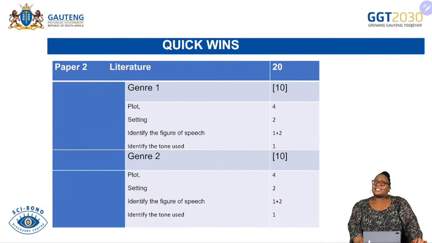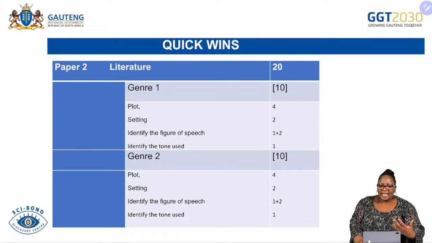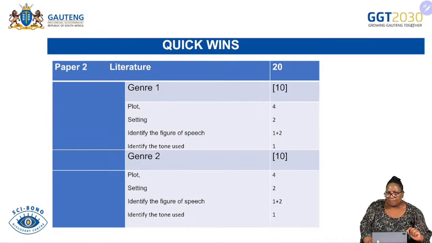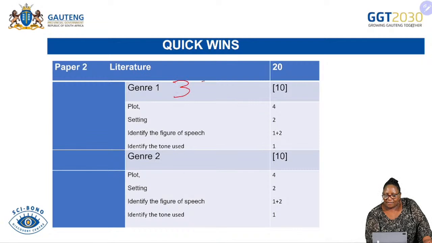Let's look at the easy marks, or the sure marks that we can get from English First Additional Language Paper 2. And I believe you are going to study for those. For genre number 1, remember each genre is 35 marks.